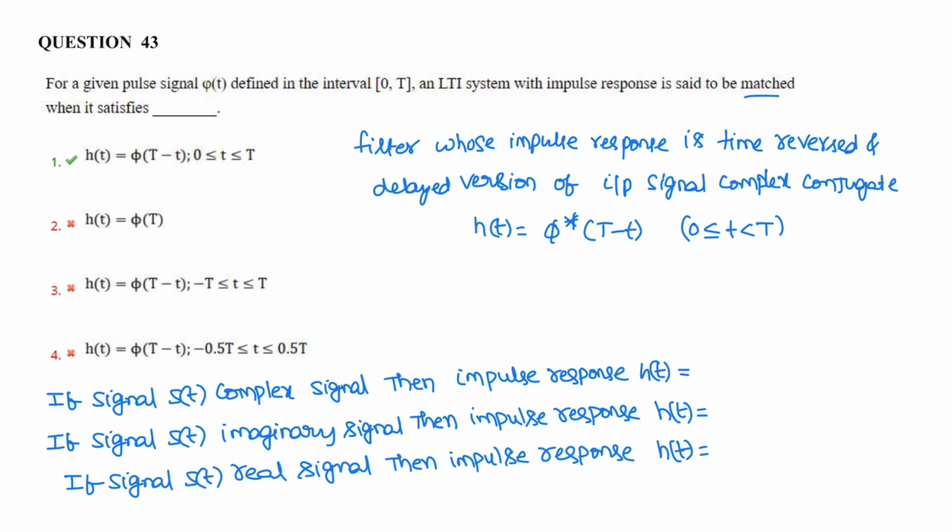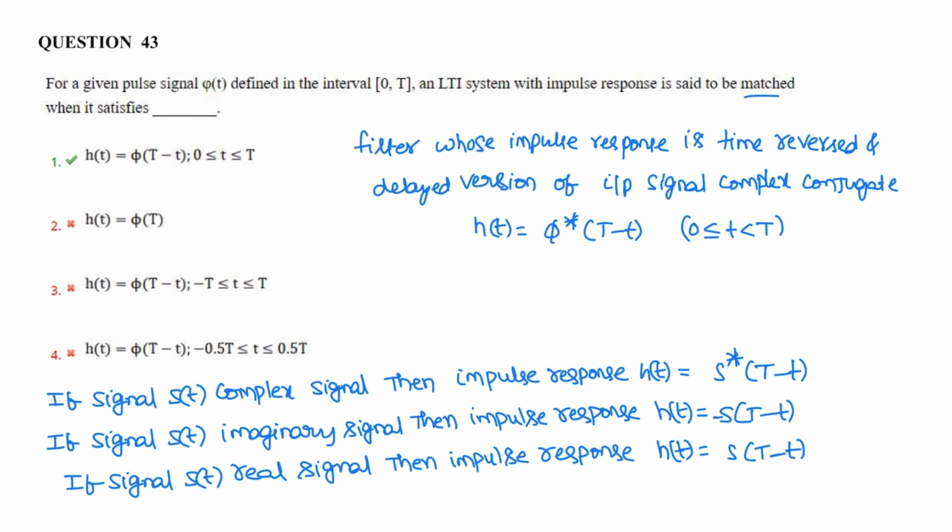If the signal S of t is a complex signal, then the impulse response h of t is the complex conjugate of the input signal applied, time delayed and reversed: S star of capital T minus small t. If the input signal is imaginary, then the impulse response is minus S of capital T minus small t. If the signal is a real signal, then it is S of capital T minus small t.